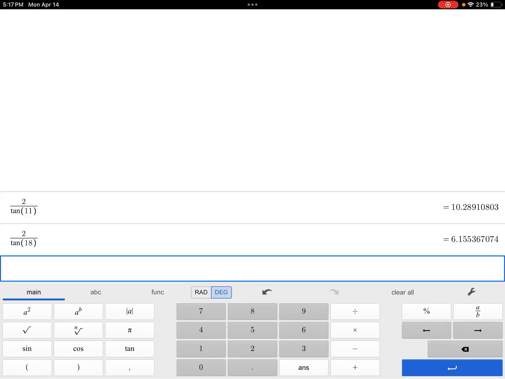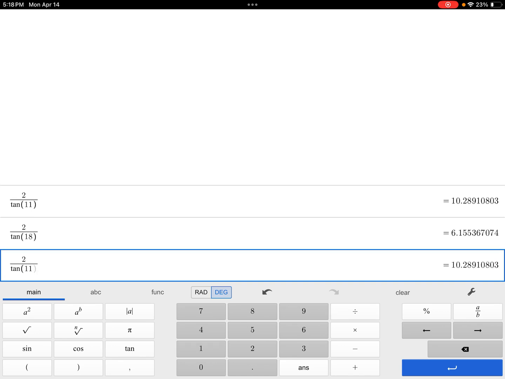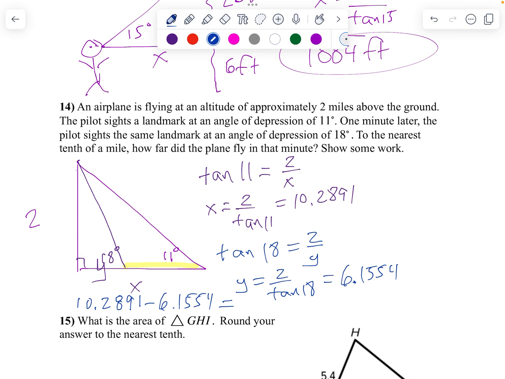Remember I took 2 divided by the tangent of 11, and that was 10.289, right? Then I subtract my previous answer, which I have in my calculator, and I get about 4.1 miles, rounded to the nearest tenth. And there's our answer there.